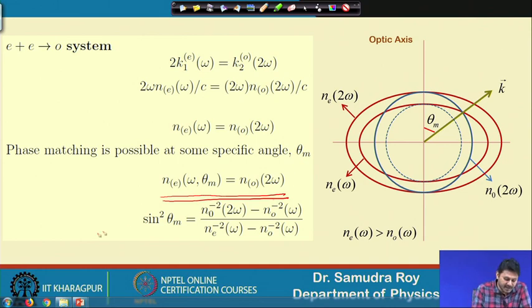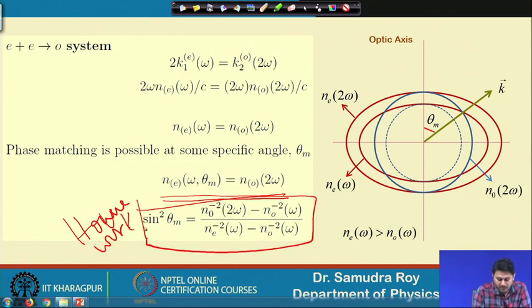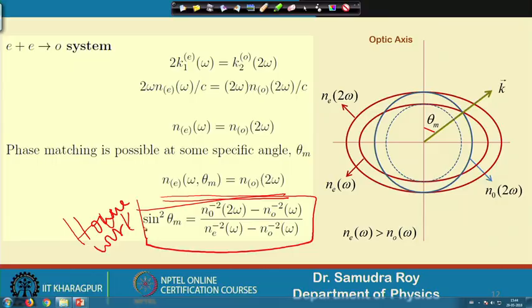I can put it as homework or classwork, and it will be a very, very easy calculation. I want the students to please do this calculation and check whether the expression shown here is the same thing that you are getting or not.